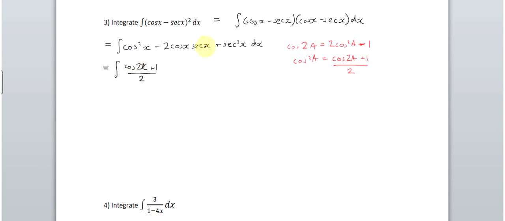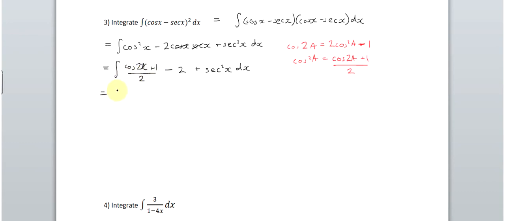Now, sec is 1 over cos, so these two things cancel basically to give you 1, and 1 times 2 is 2. And we'll keep our sec squared x, because we know that that's going to integrate quite nicely. Right. So what we've got here is something we can split up.